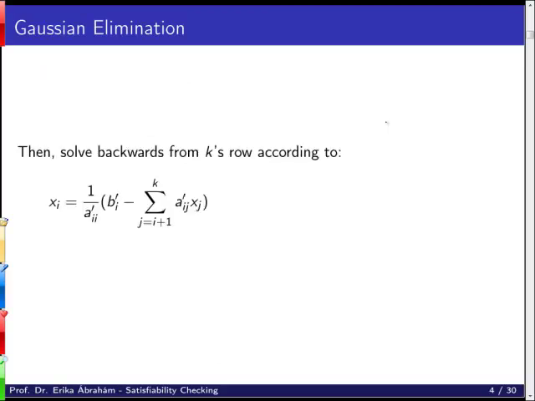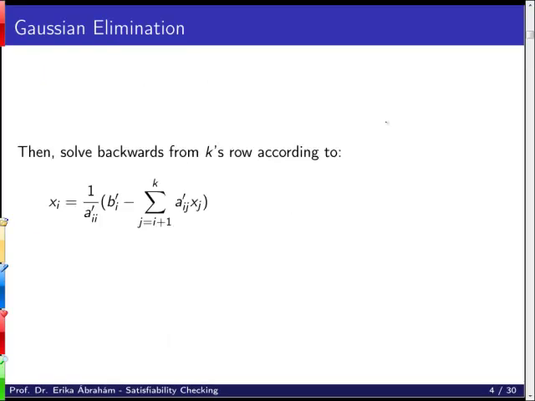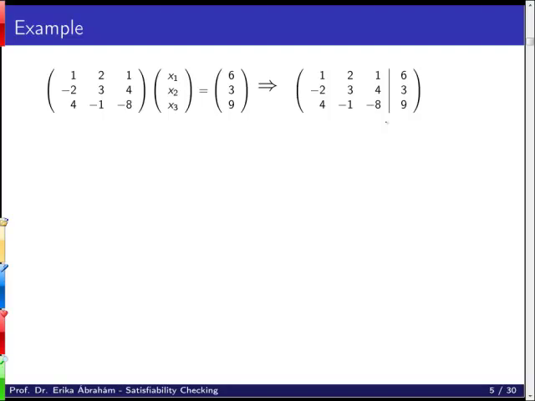So let us look at how we do this. For each row, if it is in this matrix form, since it is linear, I can express one of the variables on the left-hand side and put the others on the right-hand side. And I can use this to eliminate variables.